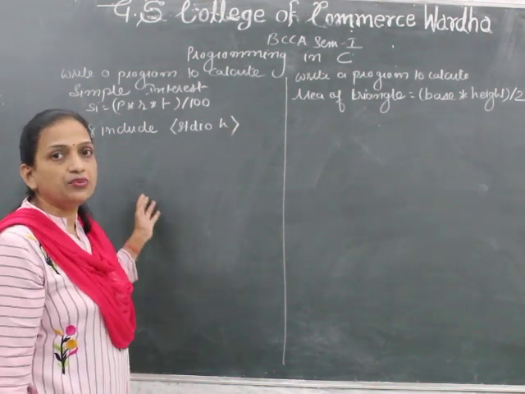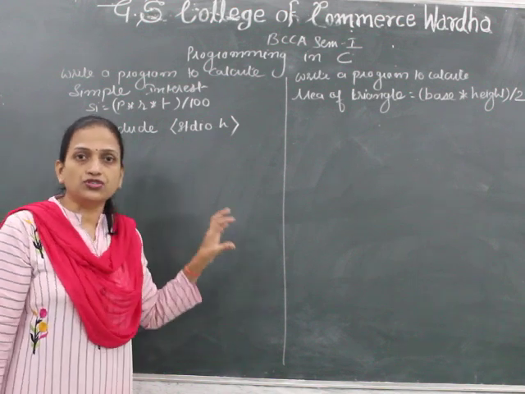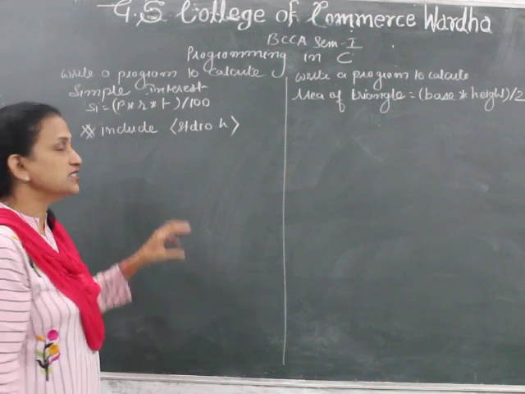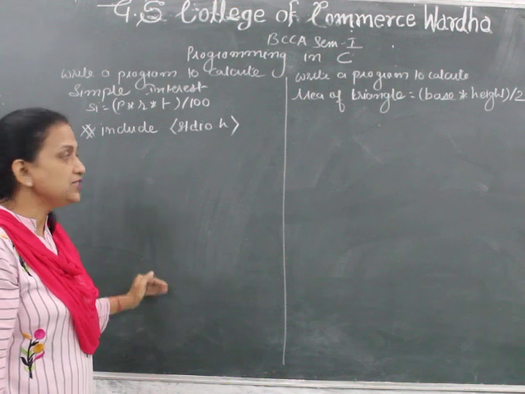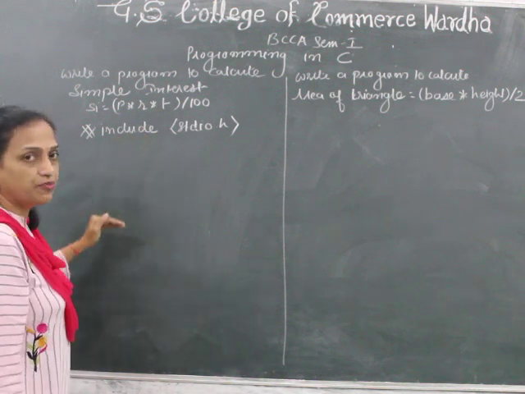As I told you, why do we link this file into our program? Because whatever functions you are going to use in your program, the definitions of those functions are given in this file. So there is a need for this file, and we link this file in our program.